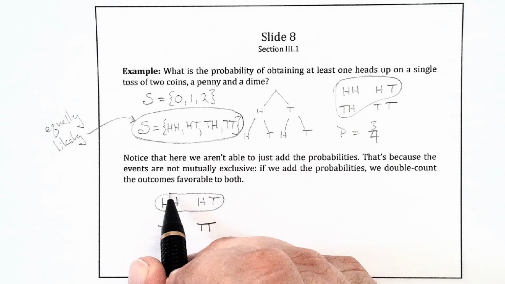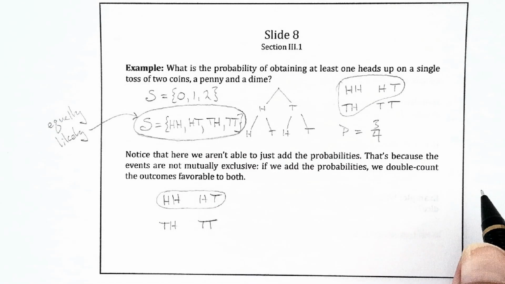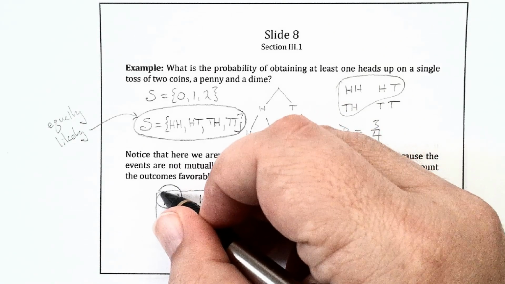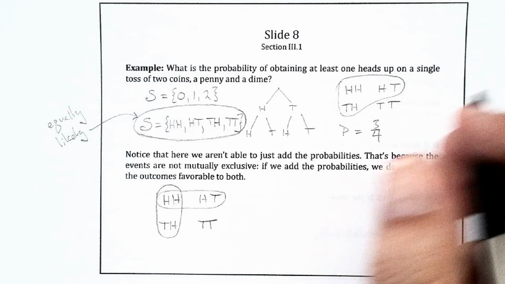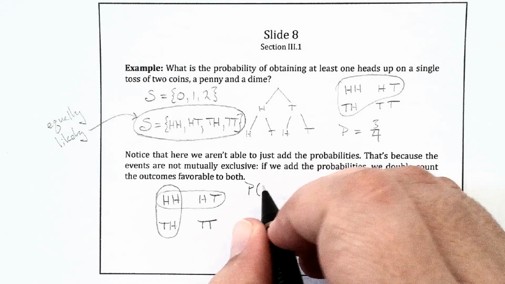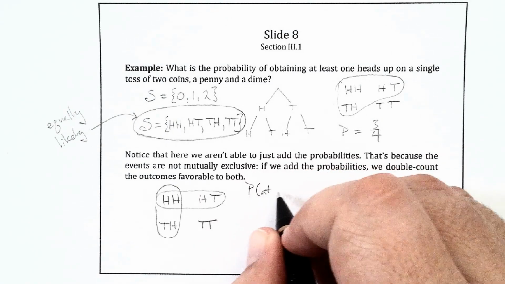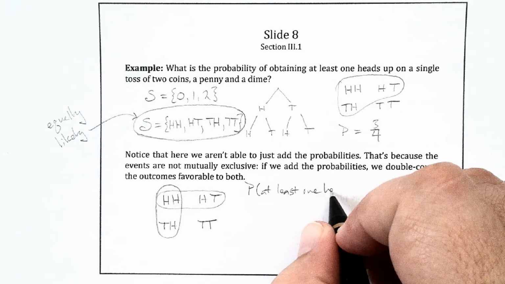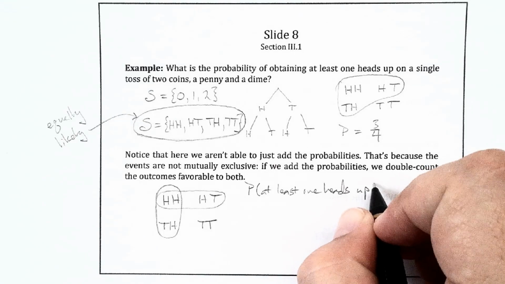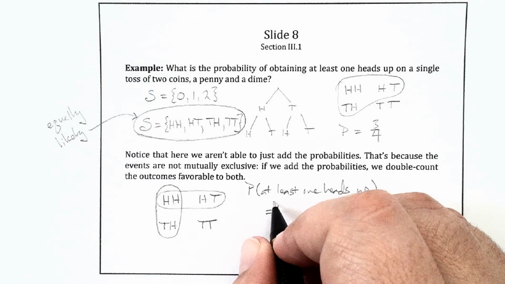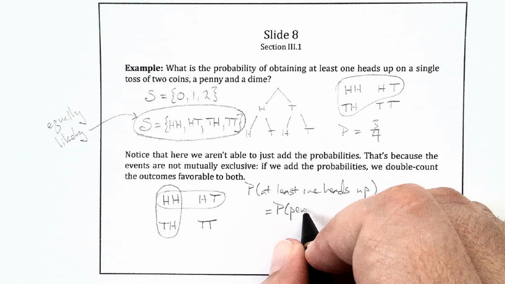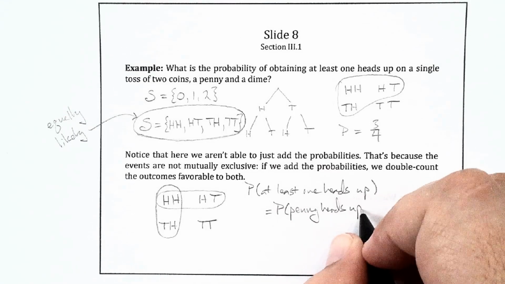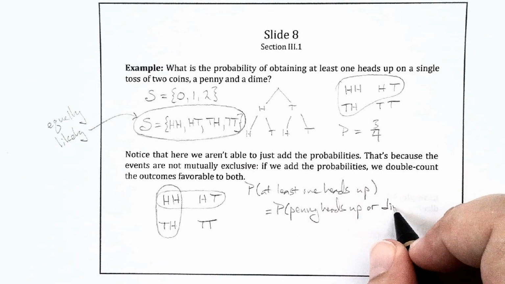So I could think about the event like this. It's the probability of getting the penny heads up or getting the dime heads up. The probability of getting at least 1 heads up is equal to the probability of the penny being heads up or the dime heads up.